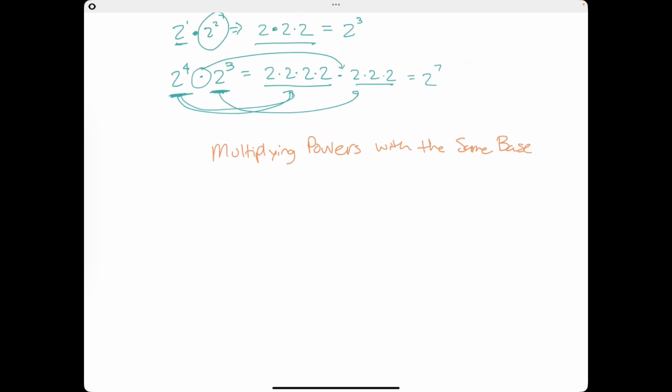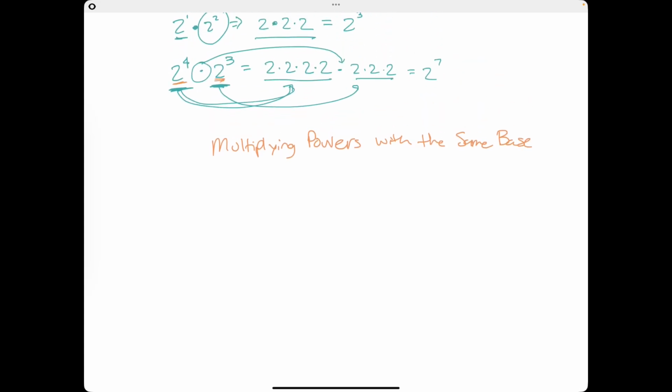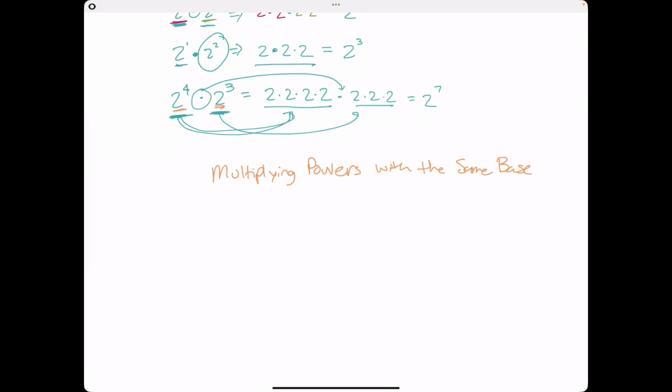The base being, in this case, the 2. While you're writing that, a quick refresher, you don't need to write this down. If I have x to the b, x is called your base, b is called your exponent. The whole thing is called your power.